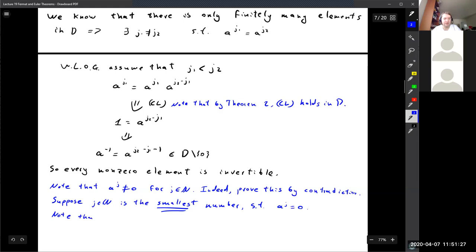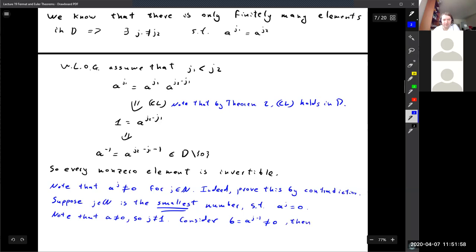Note that A is not equal to 0, so j cannot be equal to 1. Then consider B to be equal to A to the j minus 1. It is non-zero because j is the smallest number such that A to the j equals 0, right?